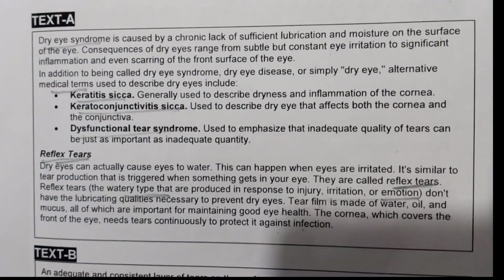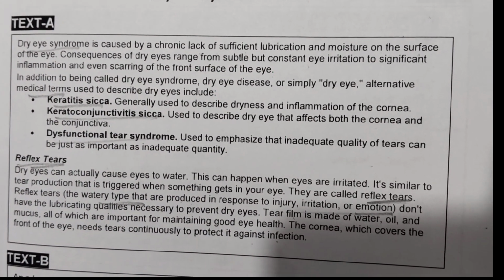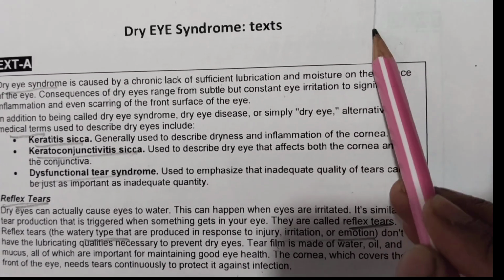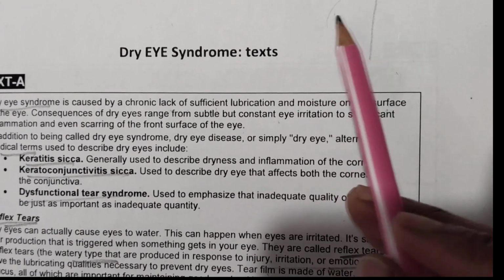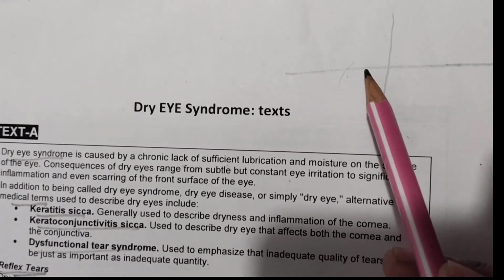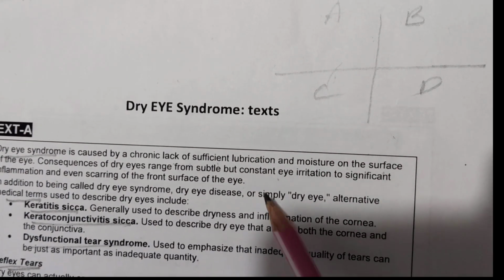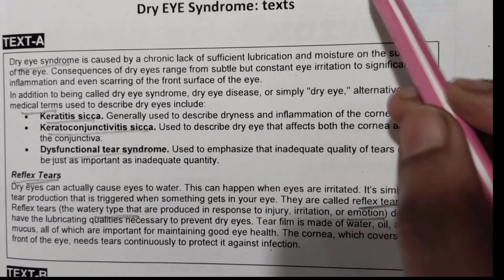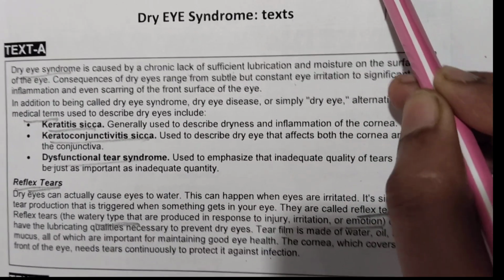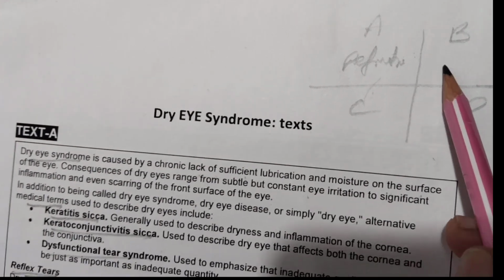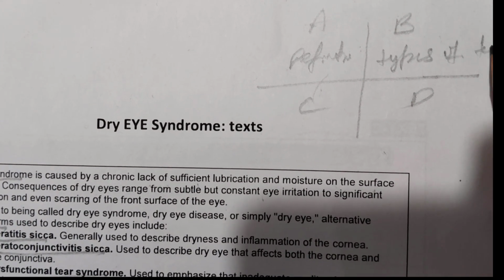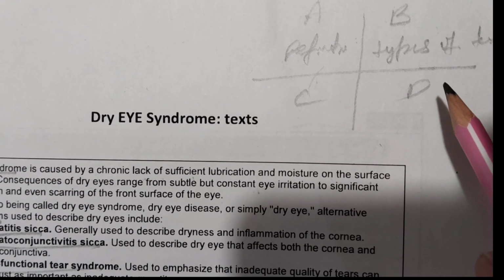Okay, next is predict answer. So when we read the question, we can also predict our answer. And one more formula, as I've already told you in the last video, while doing reading part A, mention here A, B, C and D. And in these paragraph texts, we see that first is the definition, and the second one is the types of tears, three components, and these are all the types.